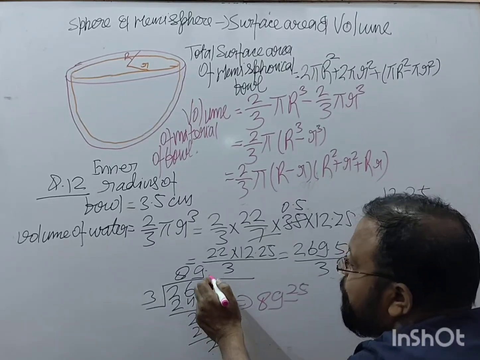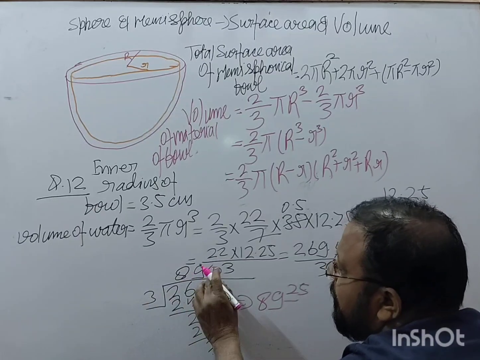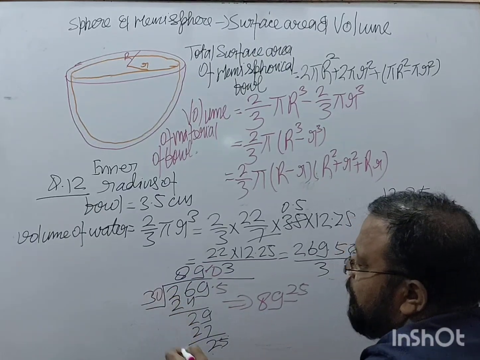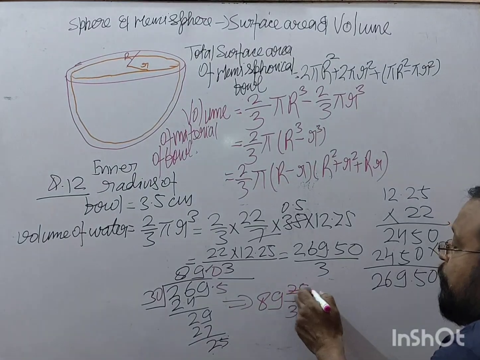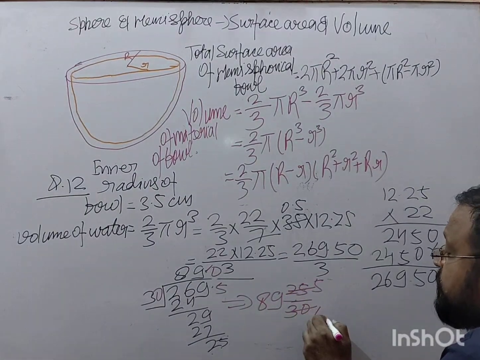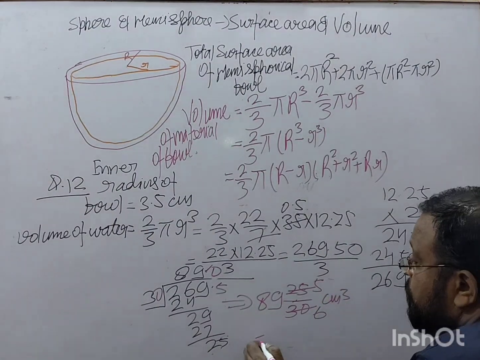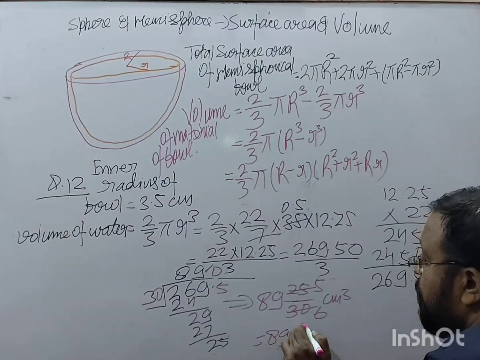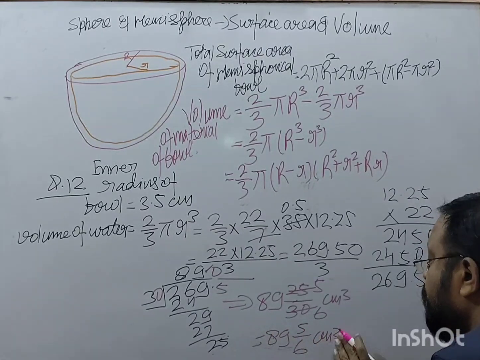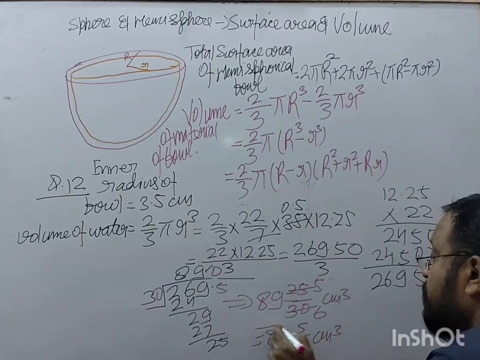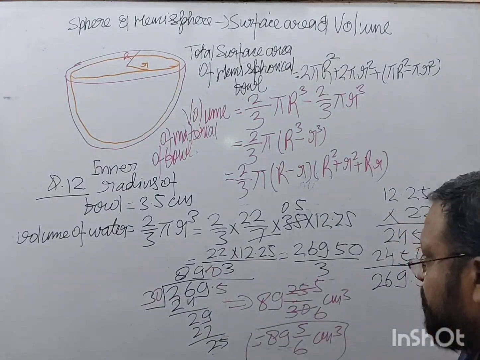So it comes like this. So it comes 30. So we have 89 whole 5 by 6 centimeter cube is the volume of oil. You get this? Yes.